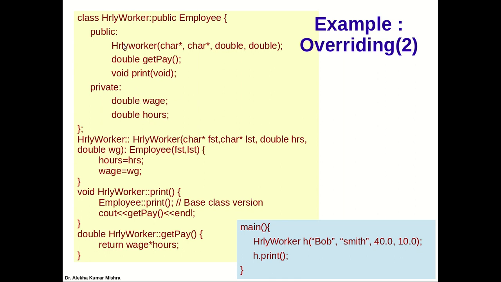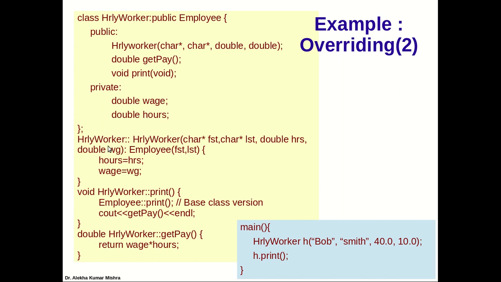The HourlyWorker parameterized constructor takes two character parameters indicating the first name and last name, which are data members of the Employee class. Additionally, it takes the wage and the number of hours.